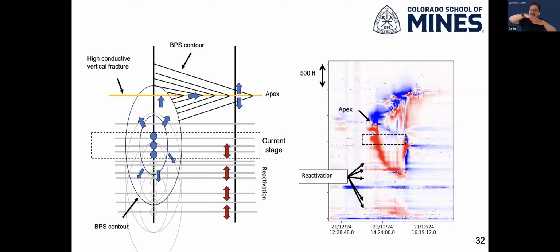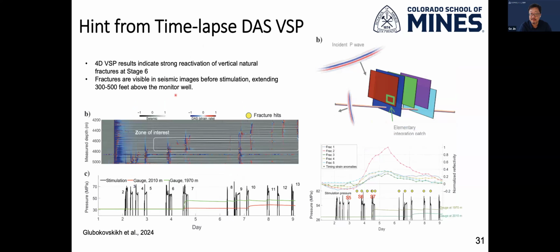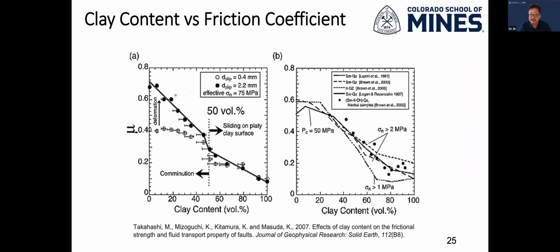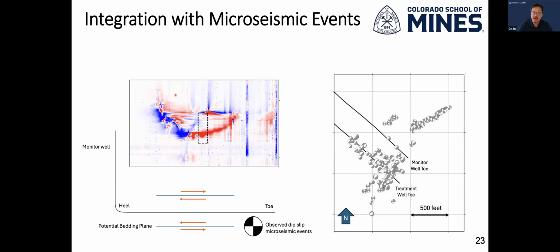Again, we are not that sensitive to the dip. All we know is that it is actually a shear that is parallel to the well, not perpendicular to the well, because perpendicular would create a different strain response. Having this shear parallel to the well also agrees with the microseismic moment tensor, as we see in this case.